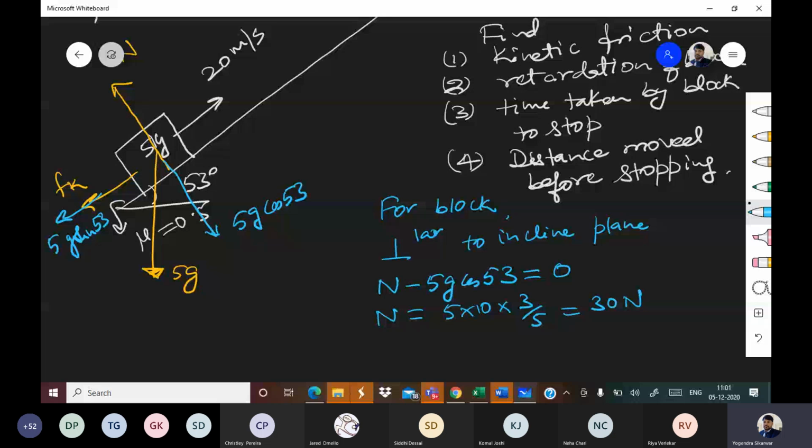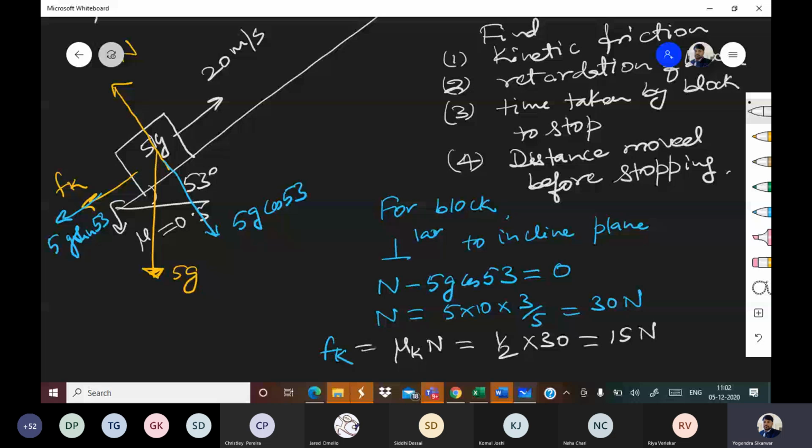That is the value of N. Mind it. So how much will be kinetic friction? So Fk is equal to mu N is equal to half into 30, and that will be 15 Newton. So kinetic friction will be 15 Newton.